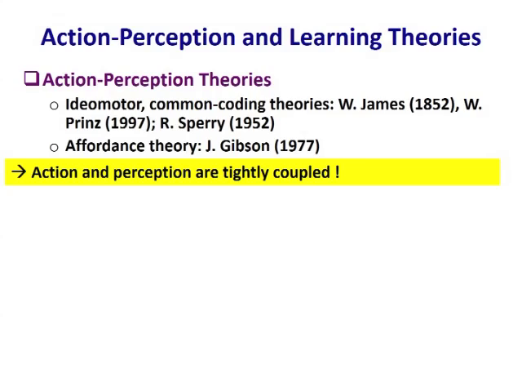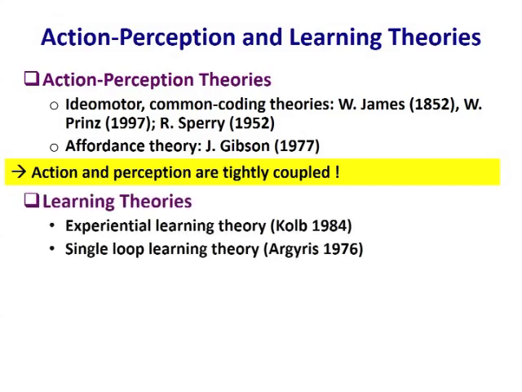From these theories, we understood that action and perception are not independent but closely connected. Next, we looked at the theories related to learning, such as experiential learning and single-loop learning theories. These theories view knowledge development as a cyclic process involving humans' motor capability. So, looking at these theories is really helpful to understand how to use humans' motor capability to support learning.